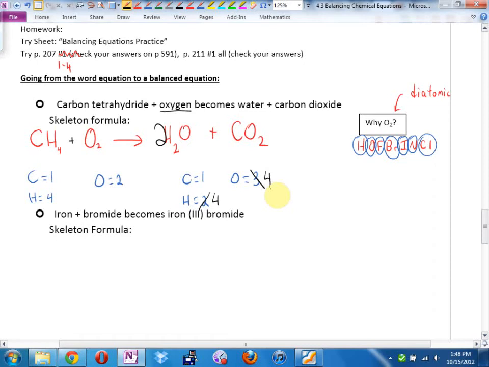What is balanced? Means the same number of atoms on the left, same number of atoms on the right. How many O's do I have on the left? How many oxygens on the left right now? Look what I've written. Right here. 2. How many oxygens do I have on the right-hand side now after I've put a 2 there?